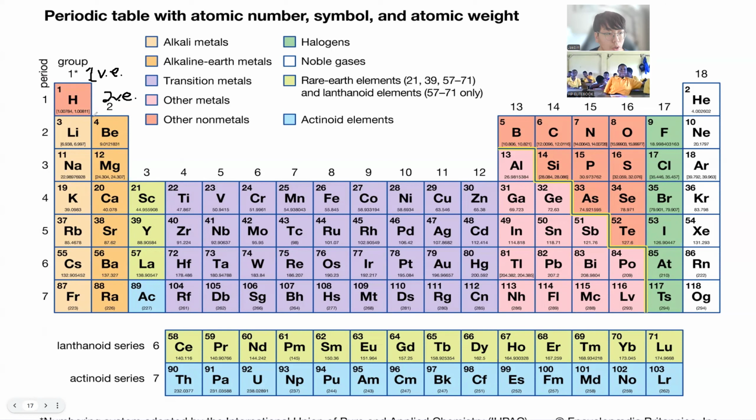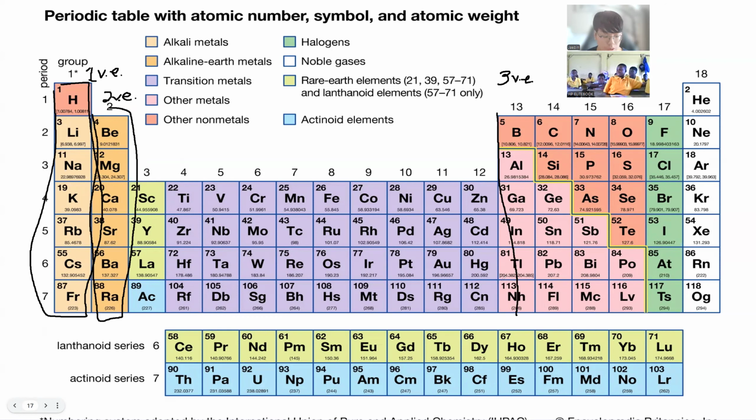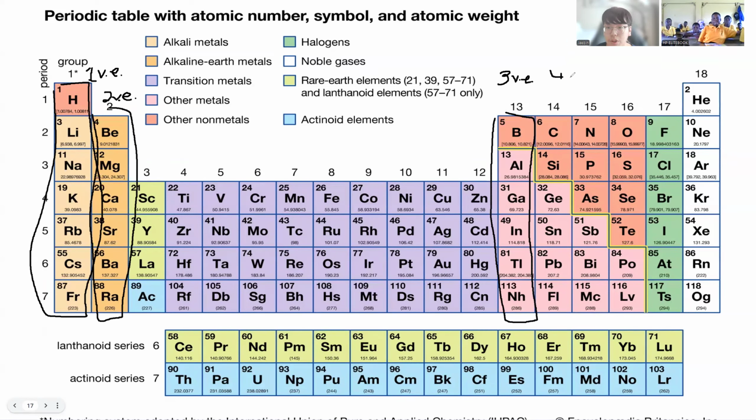And this entire row has 2, the entire row has 1, and this entire row has 3 valence electrons. This whole row, and so forth. So that's 4, that's 5, 6, 7.